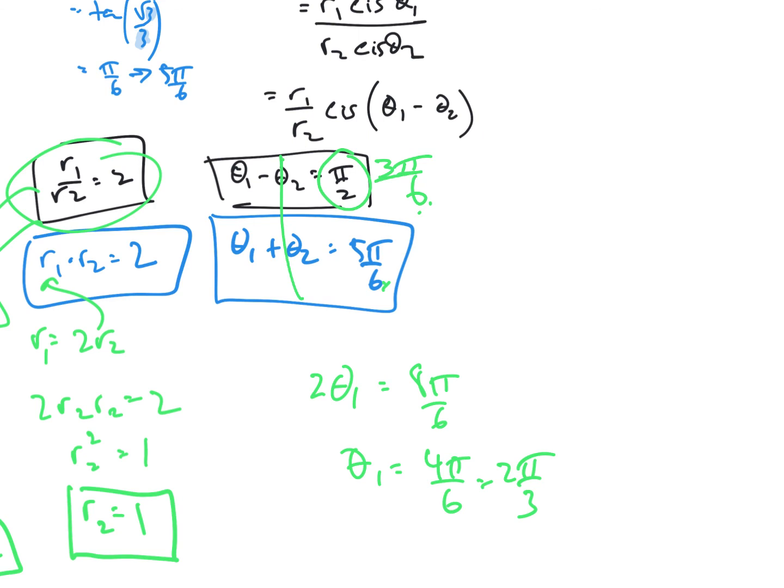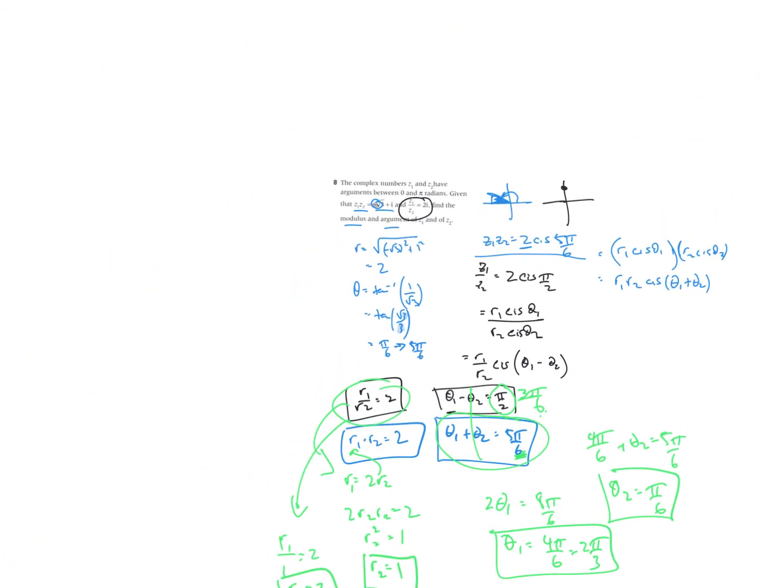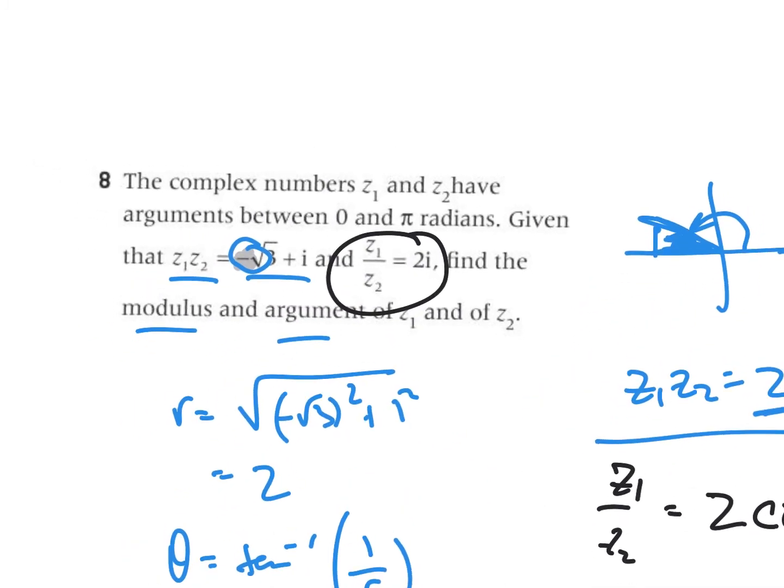And then if I use this equation, I know that 4 pi by 6, and I'm sticking to the pi by 6 because this is 5 pi by 6, plus theta 2 is equal to 5 pi by 6. And so theta 2 is pi by 6. Here's theta 1, here's theta 2, and that is how I can get the arguments of z1 and z2.